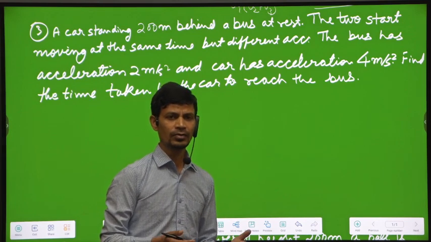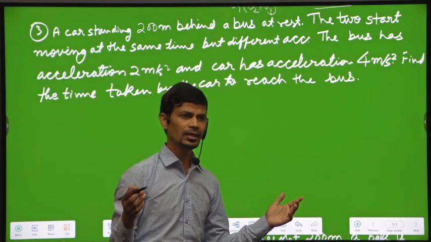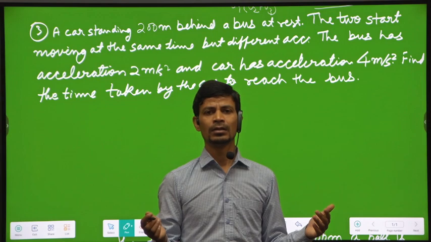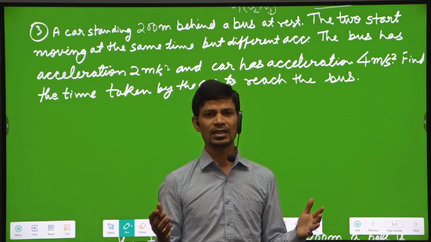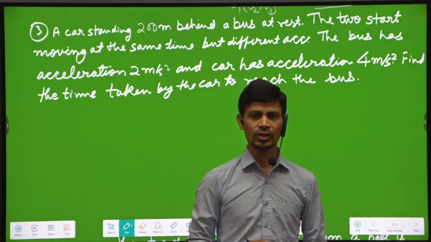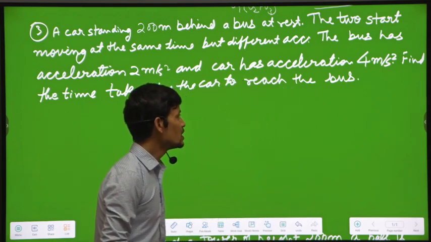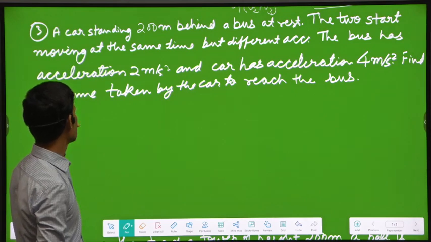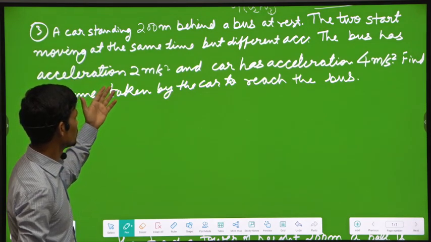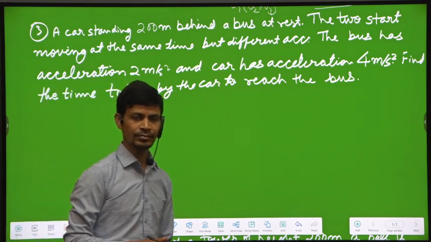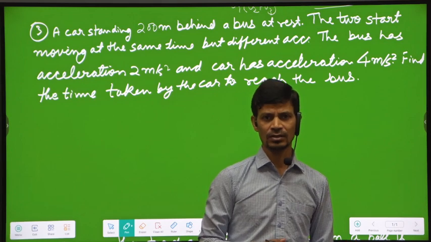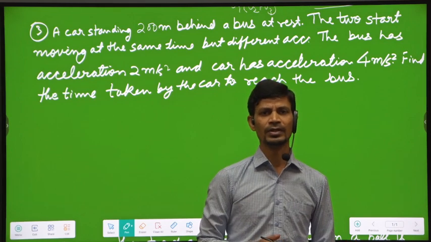And in the shortcut, as I told you initially, we can study motion with respect to our reference point. So if we consider the reference point as the car or bus, then it will be easier for us to solve this problem.